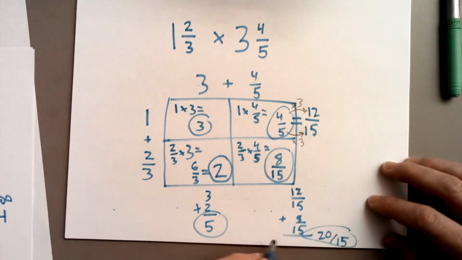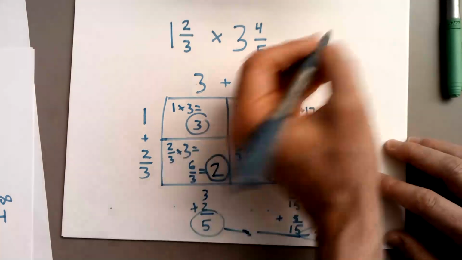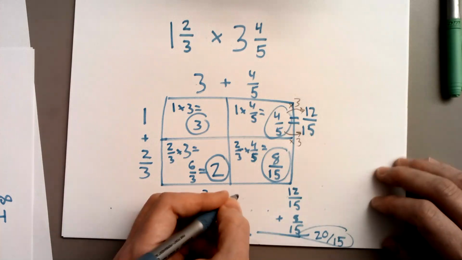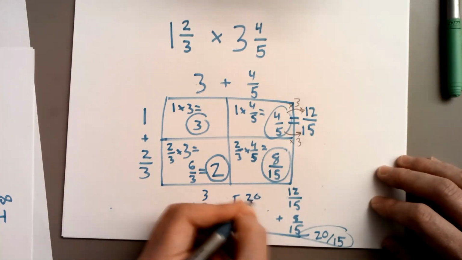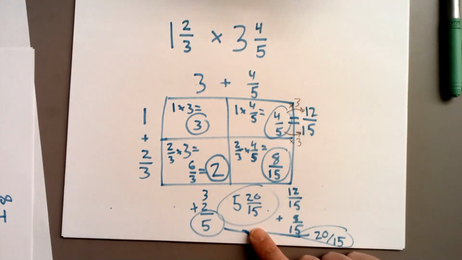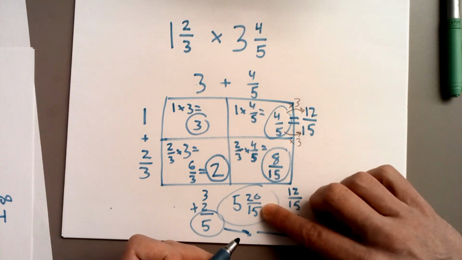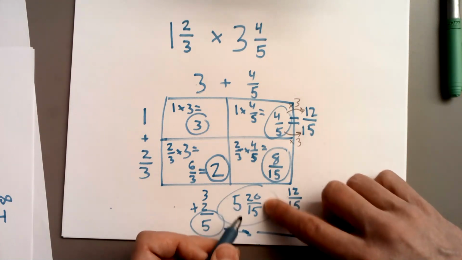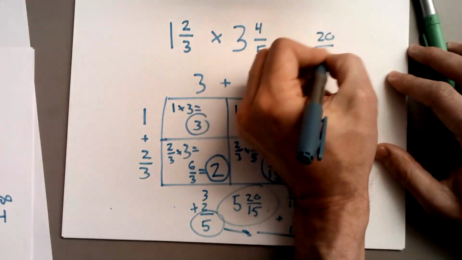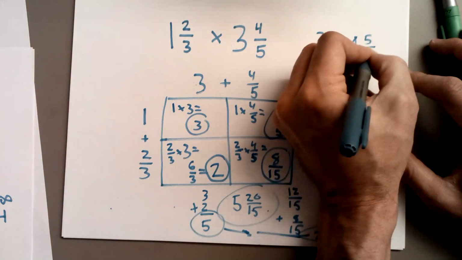I've got 20/15. I need to combine these two together. I'm going to do that up here. Well, 5 and 20/15. Okay, that would be my product, but I notice one more thing is that 20/15 is greater than 1 whole. So I know that 20/15 is actually just 1 whole plus 5 extra 15ths.